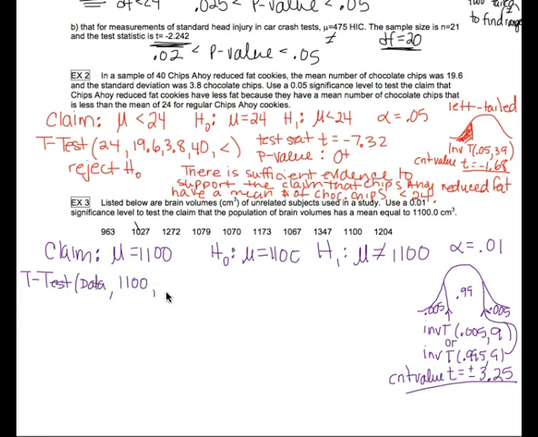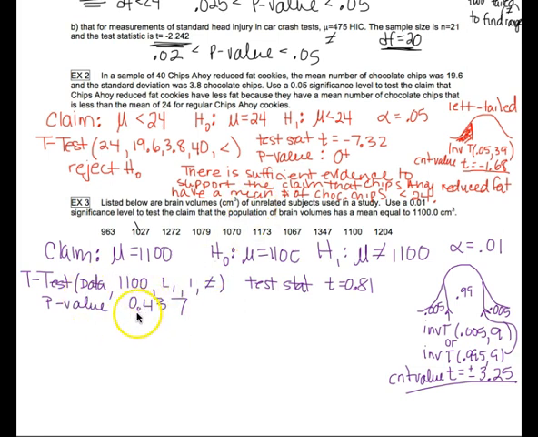And then what else did I enter? I've already forgotten what else I had to do. I did L1, frequency 1, and I did not equals. And so my test stat is t equals 0.81. The p-value that my calculator gave me is 0.437.